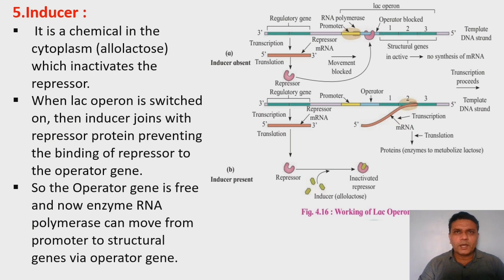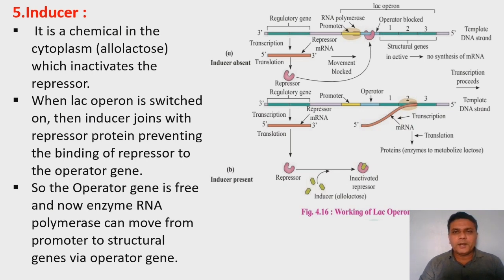Then we have seen regarding the inducer. Now the inducer is not a component of the Lac-Operon, but it plays an important role in controlling the process of lactose metabolism.